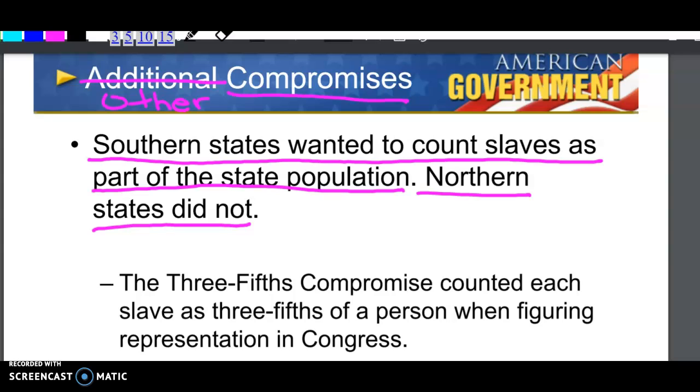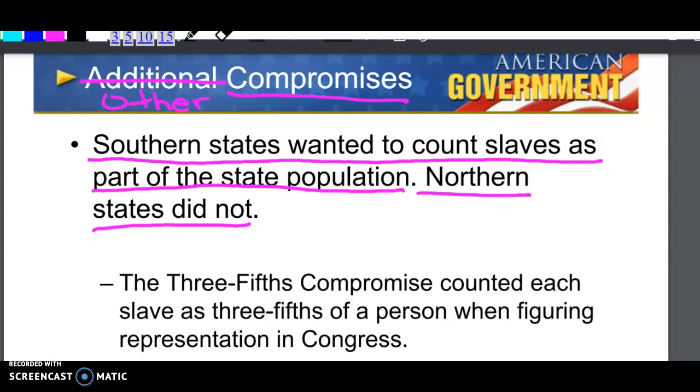They were perceived as livestock. So the northern states did not feel that they should be allowed to count them as part of their state's population. And they also knew that there were lots of slaves in the South and that there would be unequal representation, that the southern states would have a lot more population than the northern states if they were able to count their slaves as part of the population.